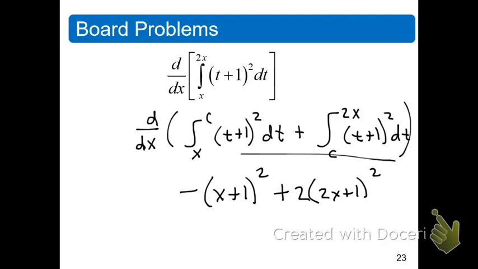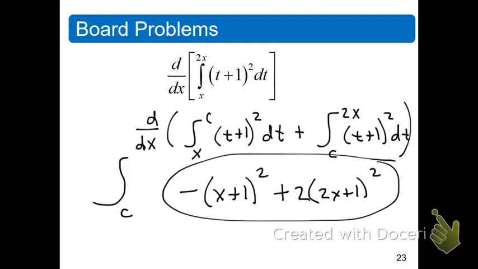And guys, you're fine leaving your answer just like that. Again, this negative is coming from this property where c to x would be the negative, and then I can do the fundamental theorem, plug that in, and the derivative of x is 1. Okay?